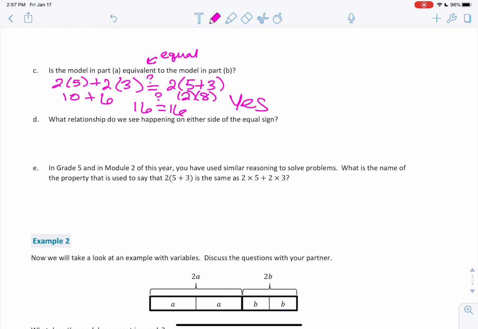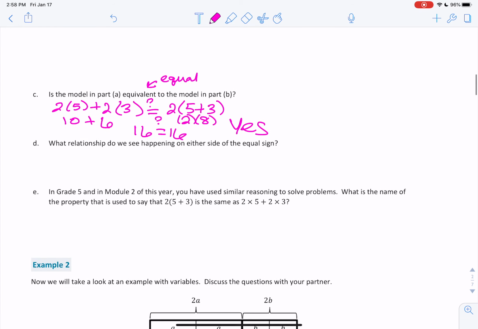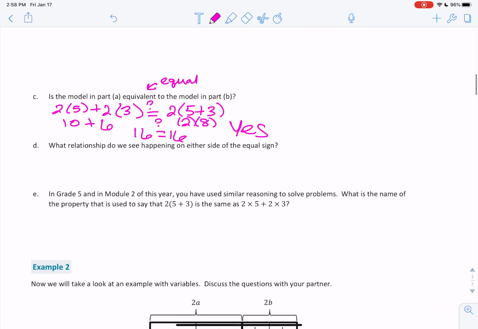Okay, yes. Now the part we're supposed to see is the relationship, what's happening on either side.